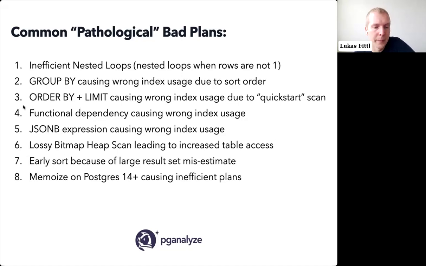And last but not least, there are sometimes cases where large result sets cause certain misestimates. And then, as mentioned, we have some cases with Memoize also that we know about. This is not a comprehensive list, right? But our idea is that we build on a repository of known bad cases. And with the query tuning advisor, we have this automatically detecting those cases for you and telling you what to do to improve them.